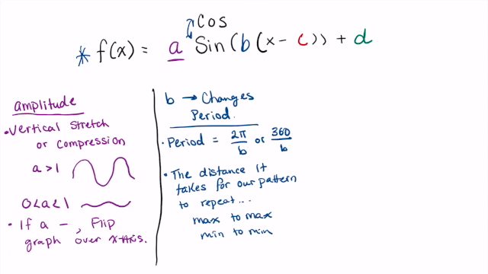So the period is how long it takes before that cyclical pattern repeats. Max to max, min to min, and so forth. Also, if you ever need to find your B value, let's say I give you a question and you are given the period, but you don't know what the B value is. Maybe you're writing the equation for the function. Well, B is going to be 2 pi over the period, or 360 over the period. Okay, so that is B.